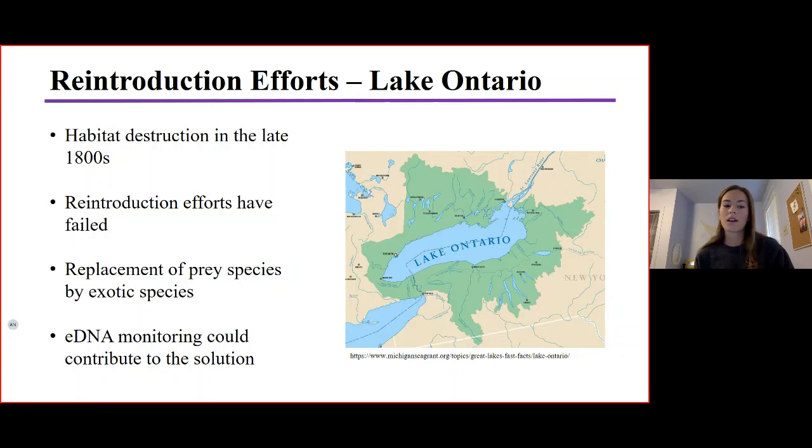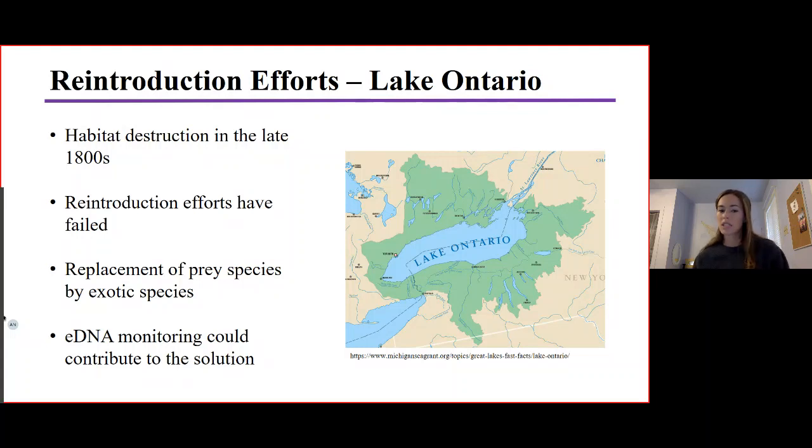So one potential reason that researchers have theorized for this being the case is the replacement of their prey species that the Atlantic salmon originally preyed upon by a new exotic species that wasn't there before. So the Atlantic salmon just haven't adapted to this new species that's replaced the original one in the food chain.